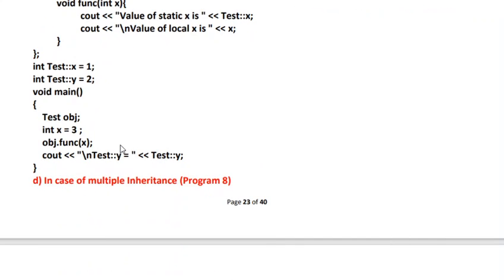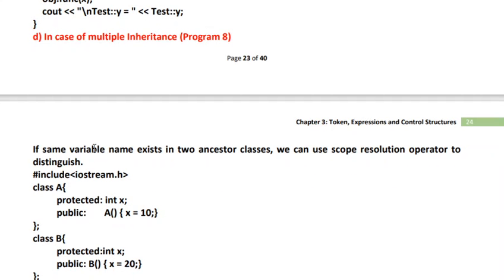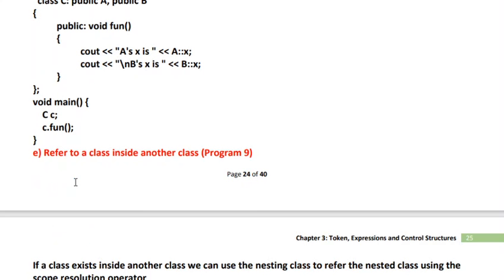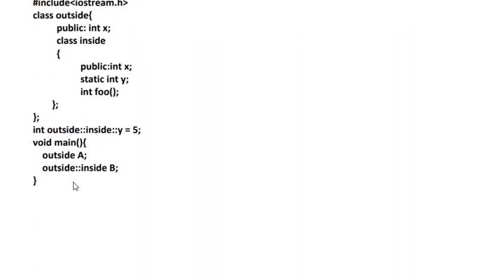You can use it in case of multiple inheritance, where there is a variable by the same name in the different base classes, in order to distinguish between the variables belonging to different base classes. And you can use it to refer to a class inside another class. So these are the purposes for which we can use the scope resolution operator.